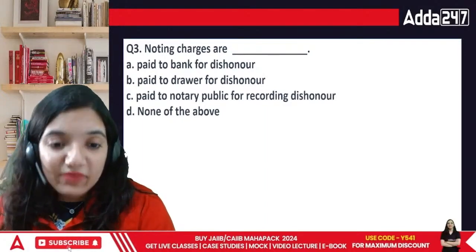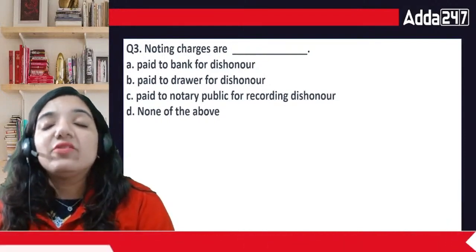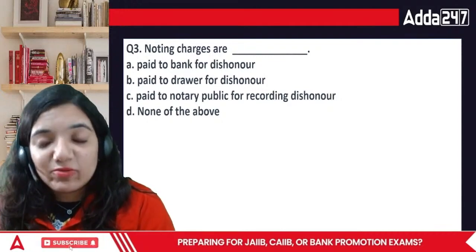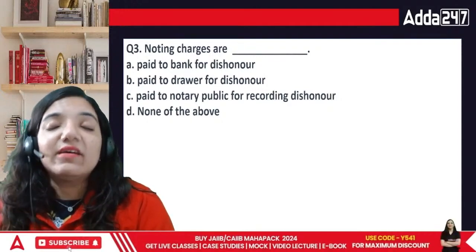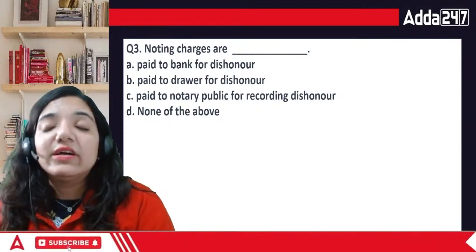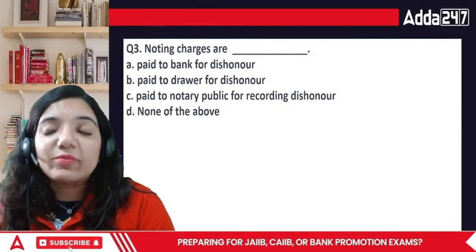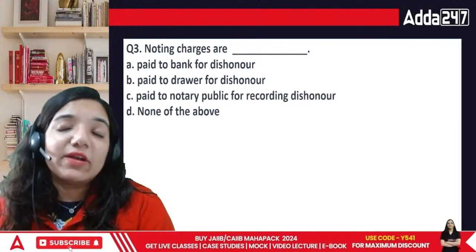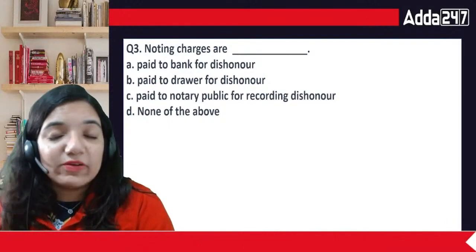in case the party fails to pay the money. That means if there's any failure in terms of payment, then you are supposed to pay the noting charges, because you have to get it to the bank and then get it acknowledged that yes, there is an inability of the buyer to pay off the money, and only then can we go ahead and pursue the case in court further, right?